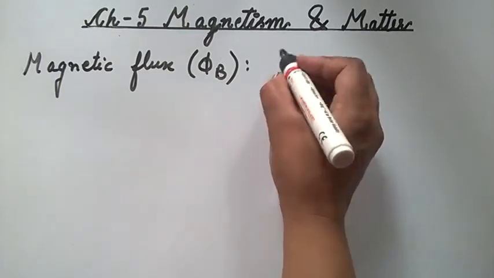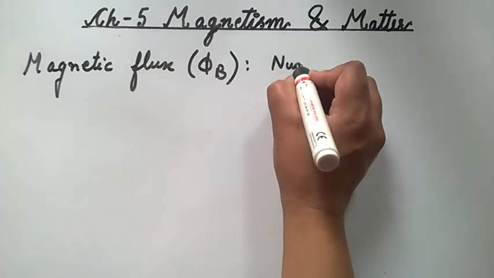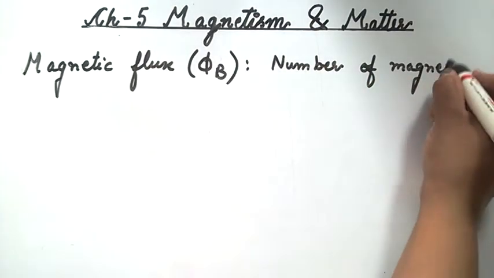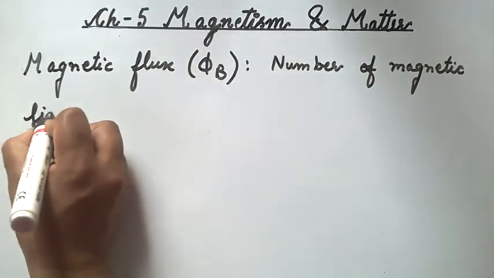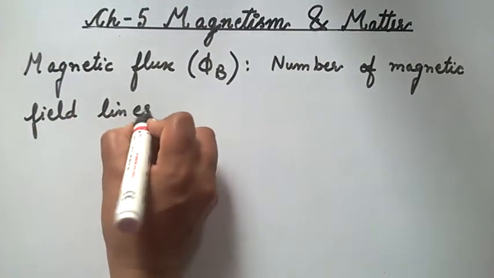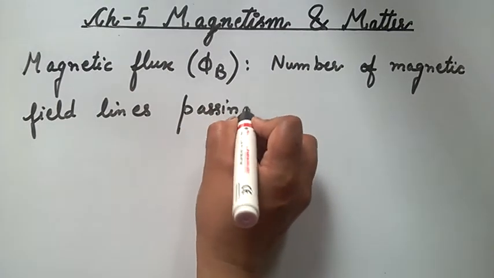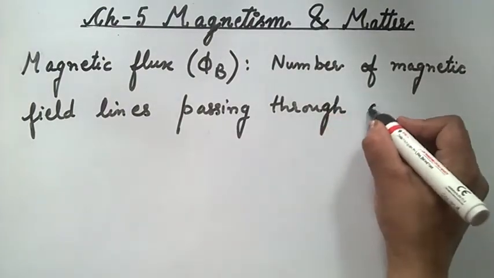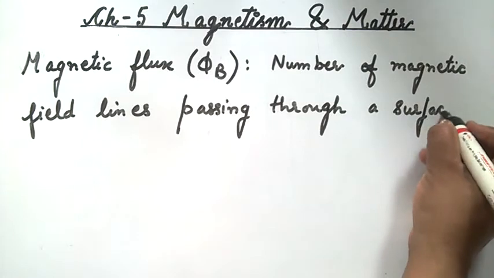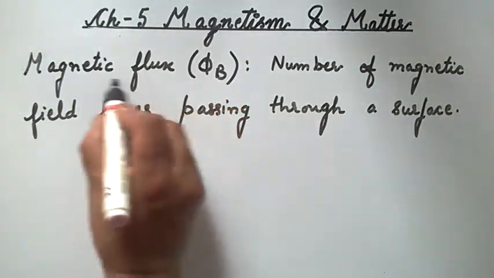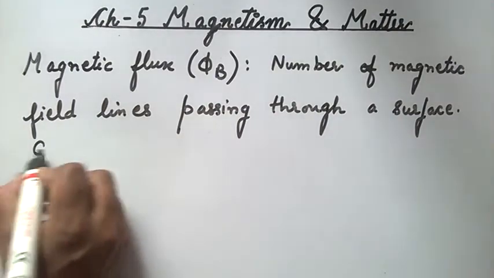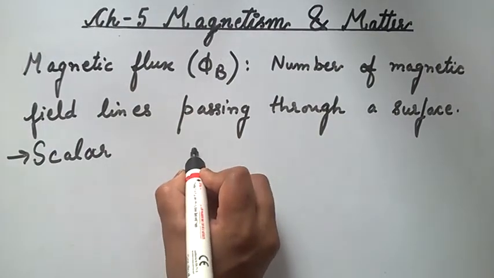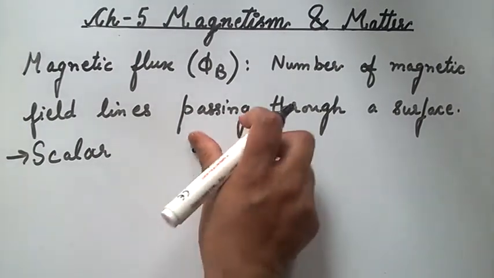Similarly, magnetic flux is defined as the number of magnetic field lines passing through a given surface, and magnetic flux is a scalar quantity as it is the dot product of two vector quantities, that is B and A.